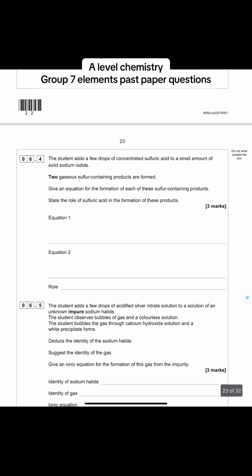The student adds a few drops of concentrated sulfuric acid to a small amount of solid sodium iodide. Remember, this question is about the reducing power of the halides. Iodide is the most reducing, or it has the highest power. It will usually reduce the sulfuric acid to give two different gases containing sulfur, which are the hydrogen sulfide and the sulfur dioxide.